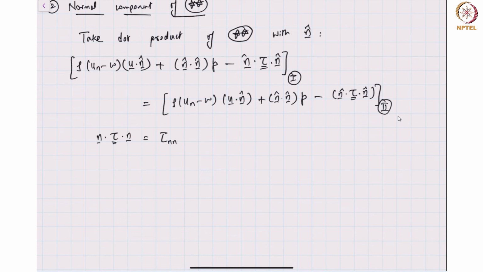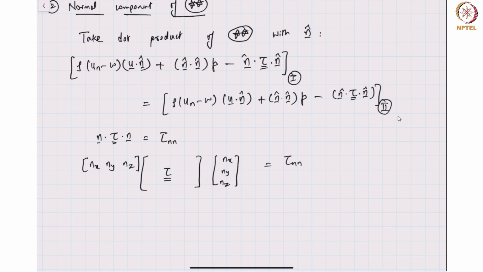If you were interested in determining how to calculate this from a matrix notation, it will be something like nx, ny, nz, these are the normal components of the vector, multiplied by the tensor tau. This will be a 3 by 3 matrix multiplied by nx, ny, nz, and this will give me tau nn.